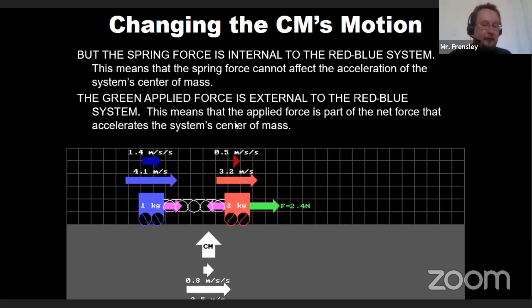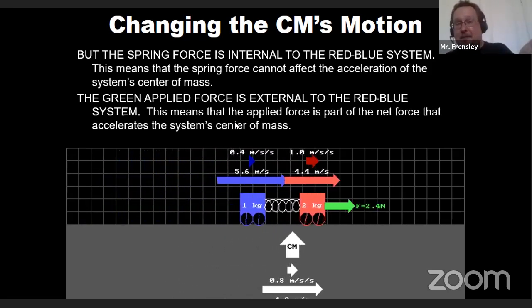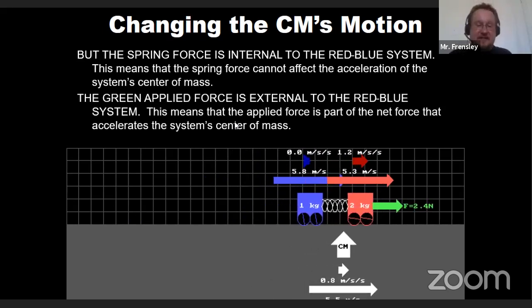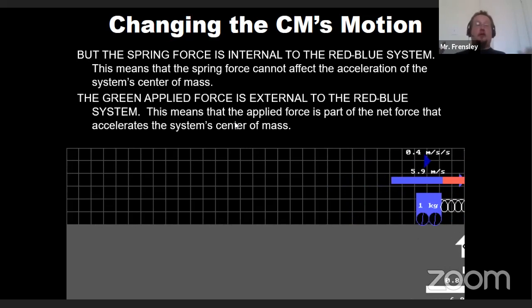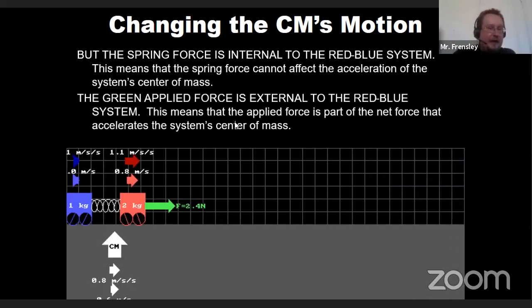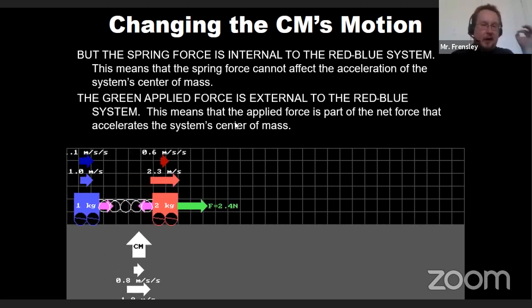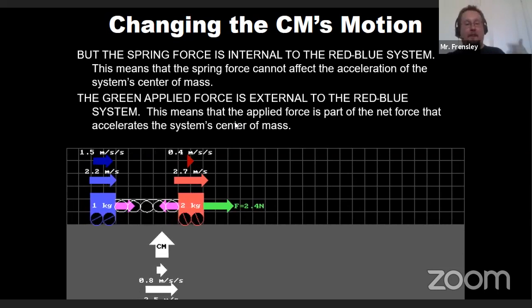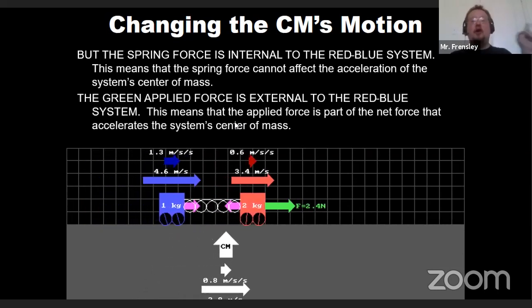So the external force is 2.4 newtons. The total mass is 3 kilograms. So the center of mass is gaining 0.8 meters per second every second. Notice, even as the two carts do this wiggle with the spring, the center of mass has a constant acceleration, because there's a constant net external force on the system. The spring doesn't matter to the center of mass.